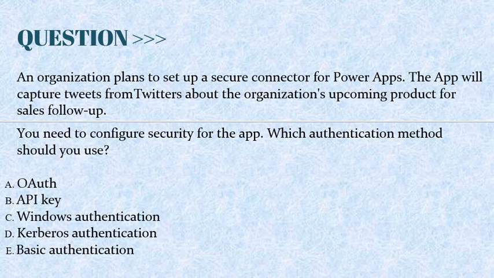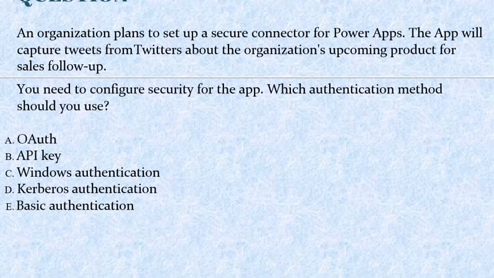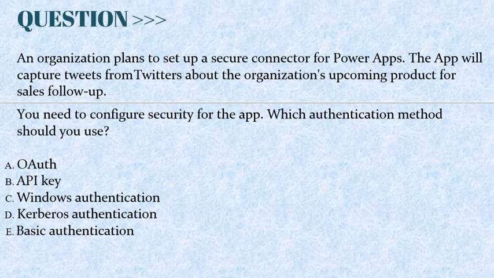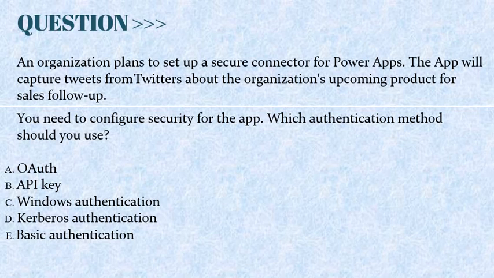Which authentication method should you use? The options are: option A, OAuth; option B, API keys; option C, Windows authentication; option D, Kerberos authentication; option E, basic authentication. The correct answer is option A.